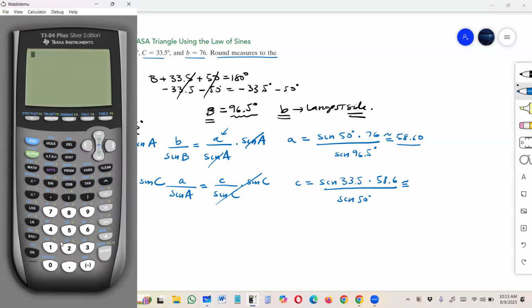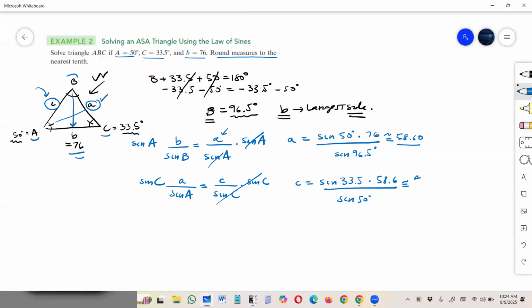Sine 33.5 times 58.6 divided by sine 50, right? And we get 42.2 approximately, whatever units.